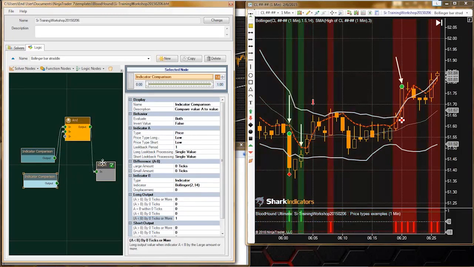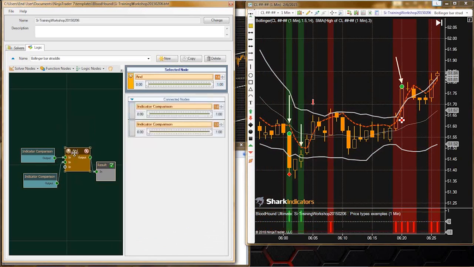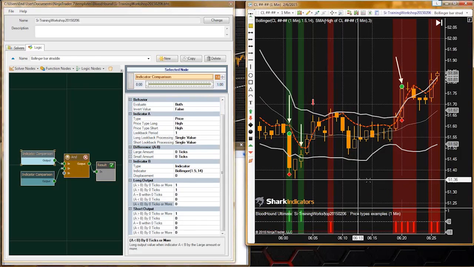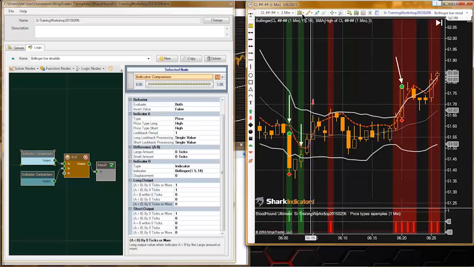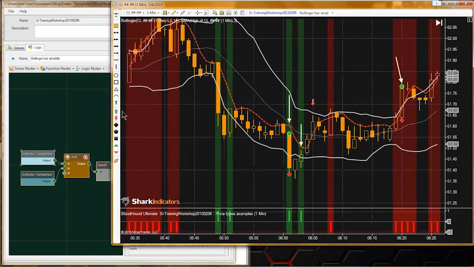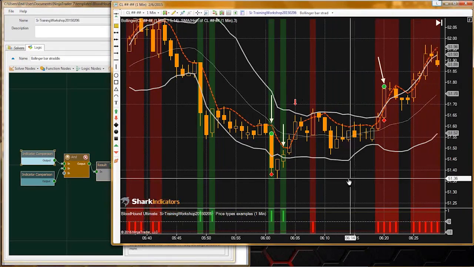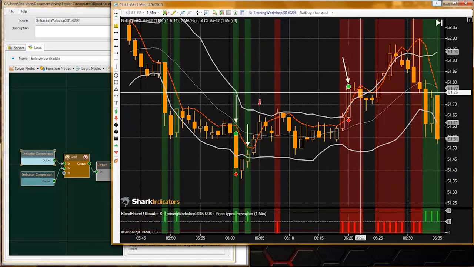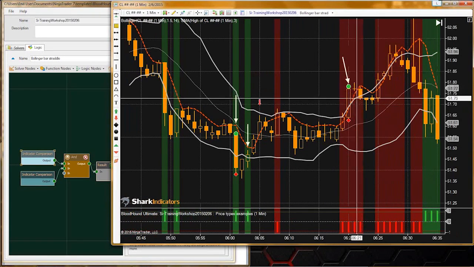Alright, let's take a look at this now. There we go. So we just had to restructure those a little bit. Now we've identified whenever the bar is straddling the bands there.